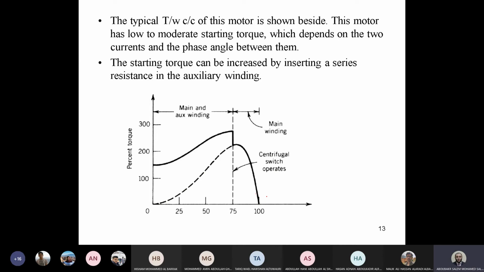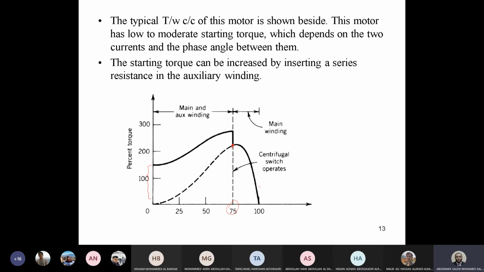However, when we insert the auxiliary winding, as you can see, the auxiliary winding will create a component of torque in the beginning, and it will continue since the auxiliary winding still exists in the circuit. It will be disconnected at 75% of the synchronous speed. Why? Because the mechanical switch, or the limit switch, will be disconnected at that point.